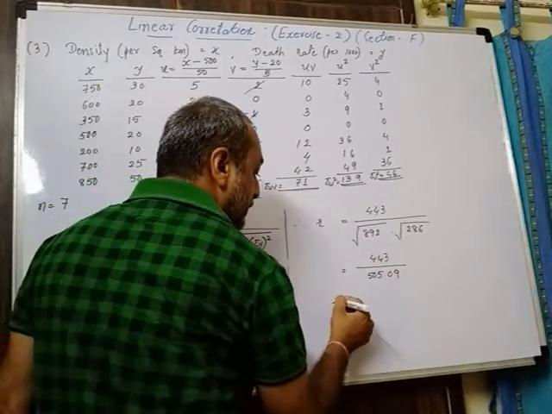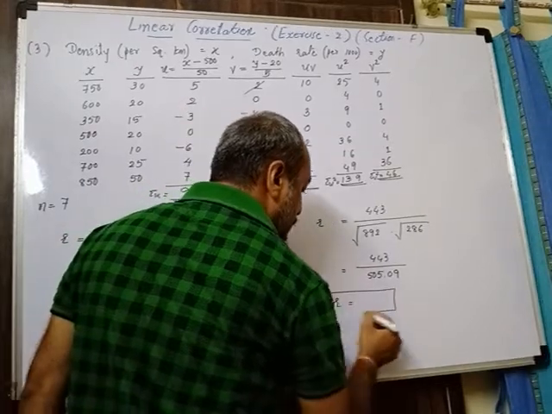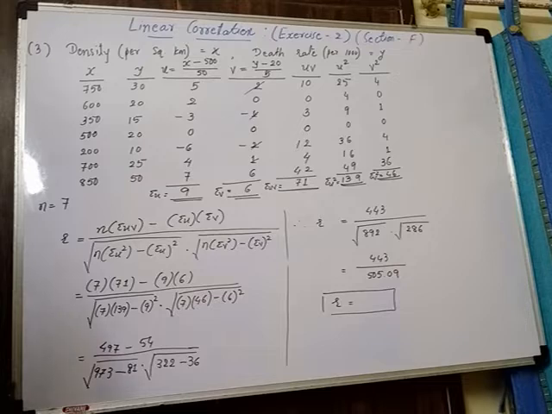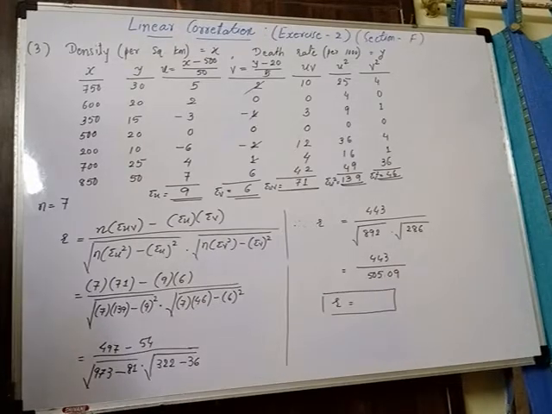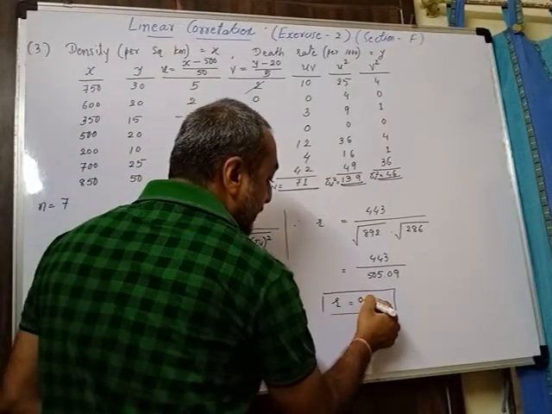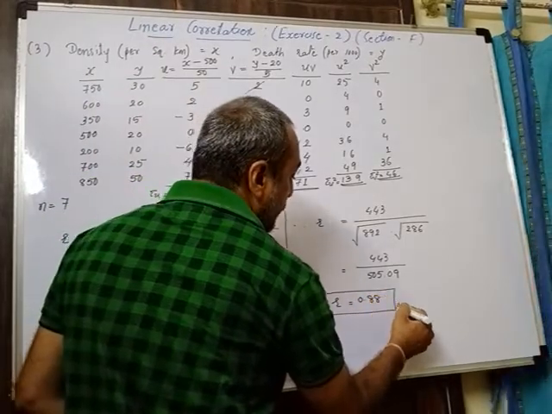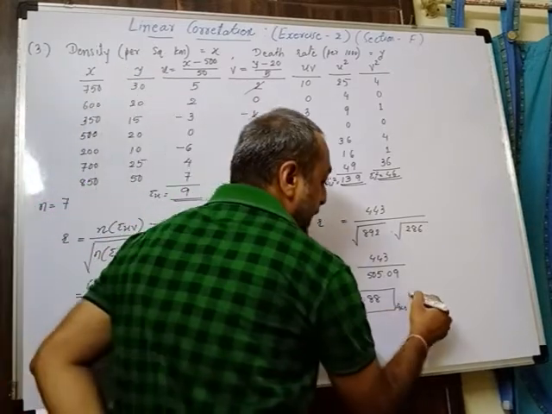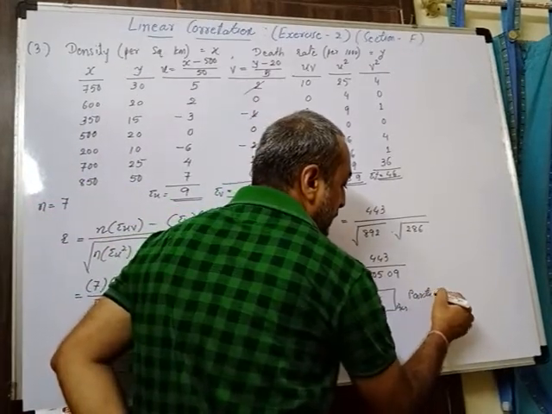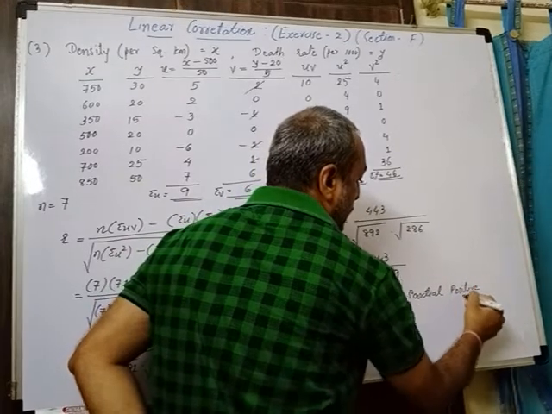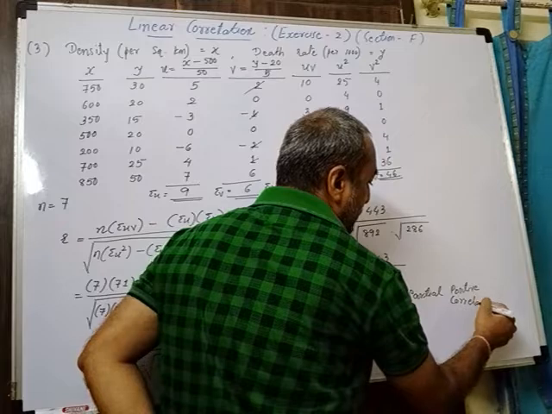Now the division will be your answer. r is equal to 443 divided by 505.09. That comes to 0.877. So 0.88 we can take. And it is a positive value we got. So it is called partial positive correlation. This is your answer.